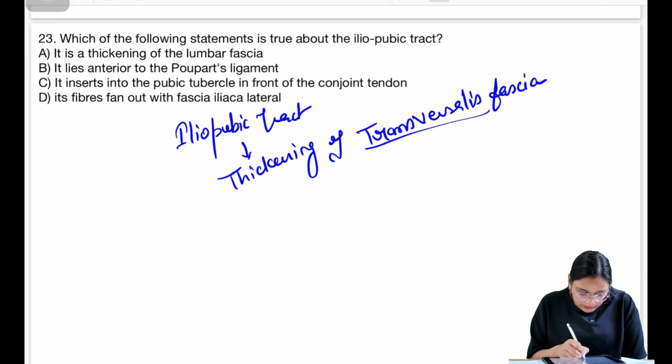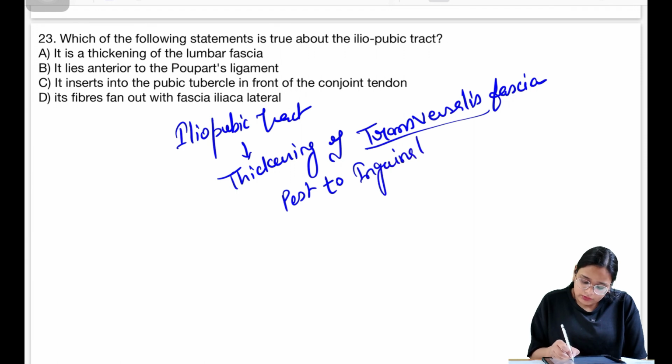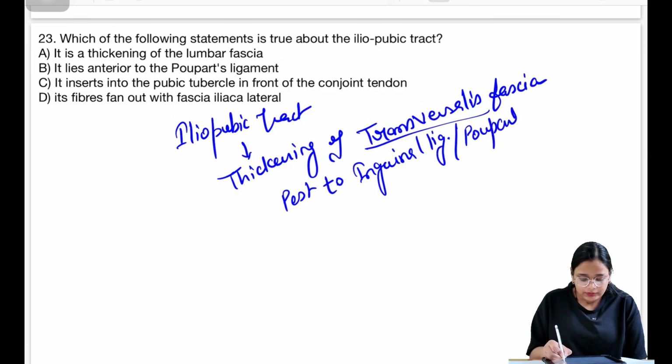It is present posterior to the inguinal ligament, or inguinal ligament is also called as Poupart's ligament.